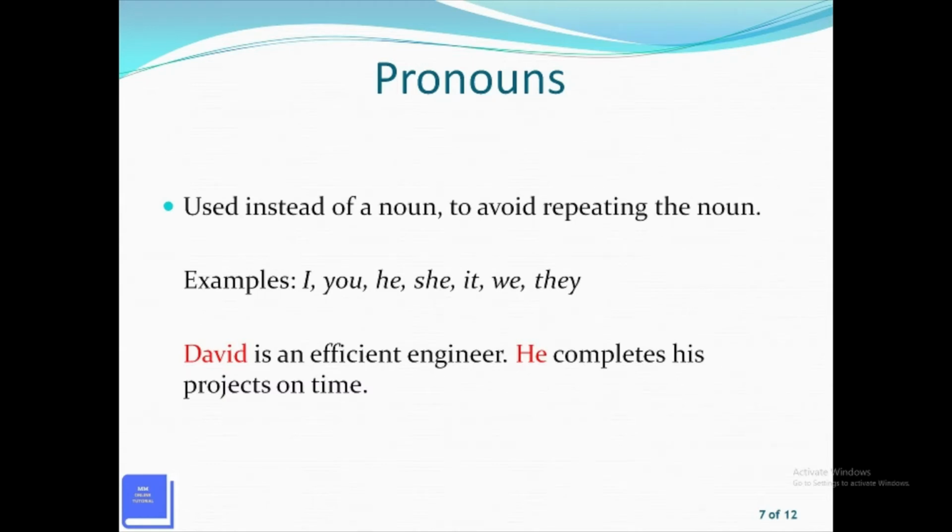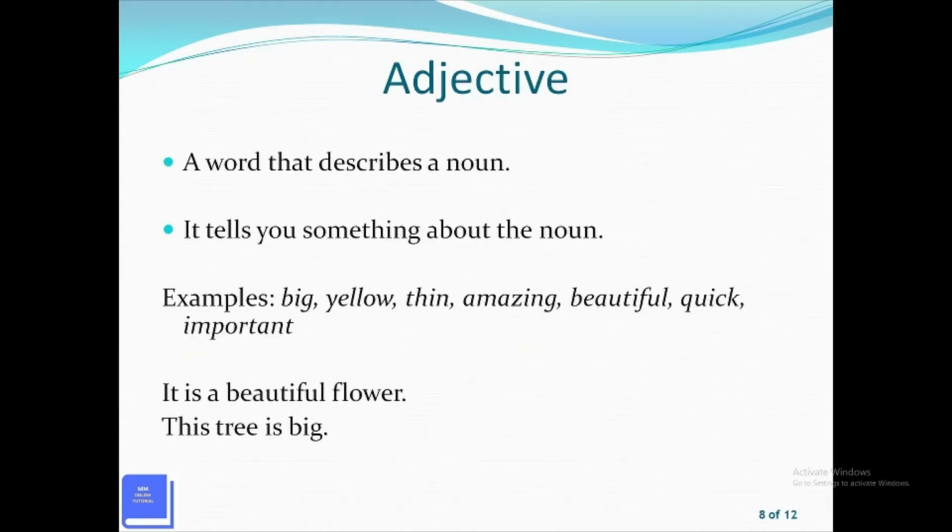So let's move to the next part of speech. Adjectives. A word that describes the nouns. It tells you something about the nouns. Example: big, yellow, thin, amusing, beautiful, quick, important. We see in the sentence, it is a beautiful flower.